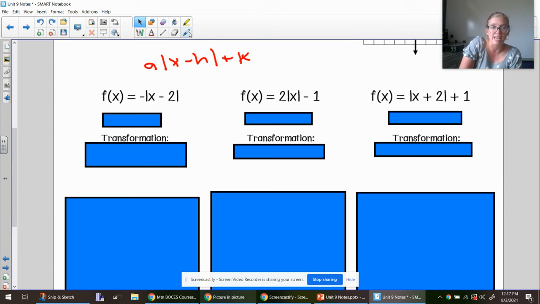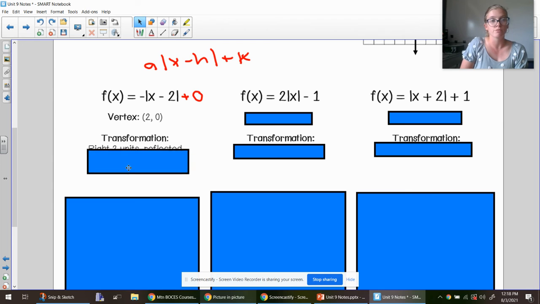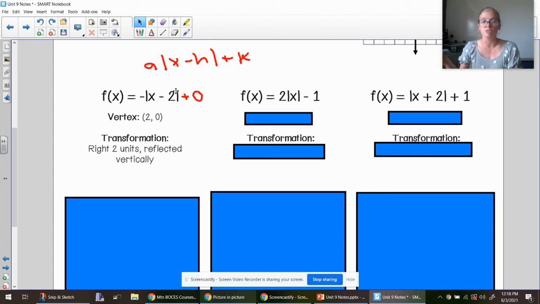And we don't see a k, but that means we have a secret plus 0 at the end. So our vertex is going to be (2, 0). The transformation here is that we are going to have a vertical reflection and we are going to move right 2 units. This minus 2 tells us we move right 2 units. It's always the opposite of what you would expect for the h value.